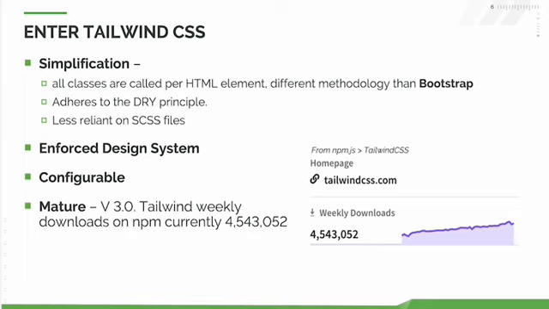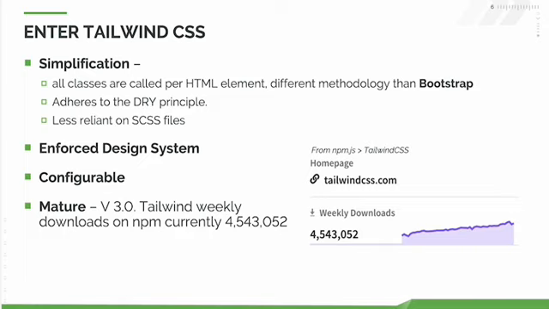So in the simplification category, all classes are called per HTML element. I'll be showing a demo on that in a little bit. It's a different methodology than what most people know using Bootstrap. Those of you that have worked with Bootstrap, you install Bootstrap and you get a lot of CSS.